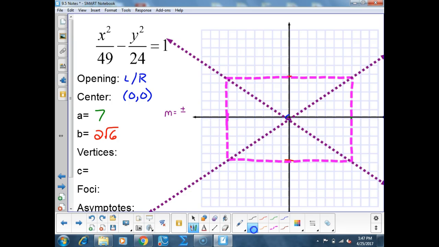Plus and minus 2 square root of 6 over 7, right?